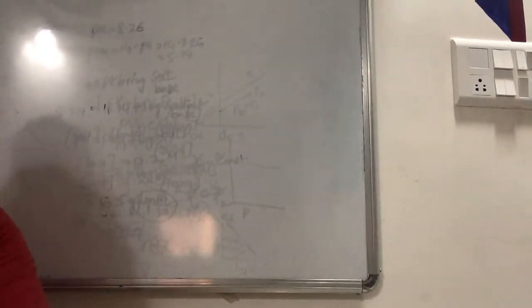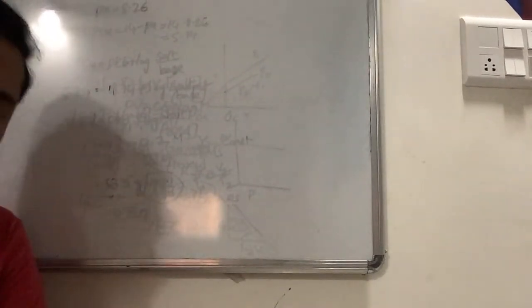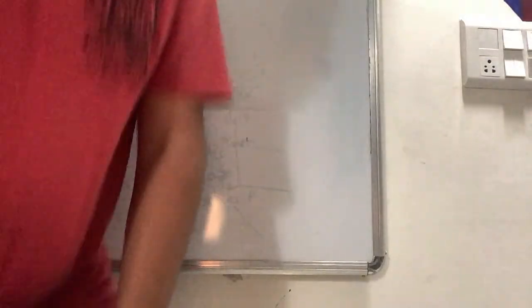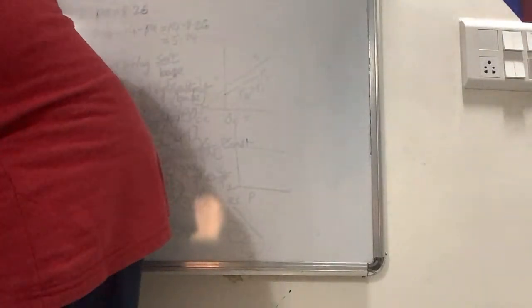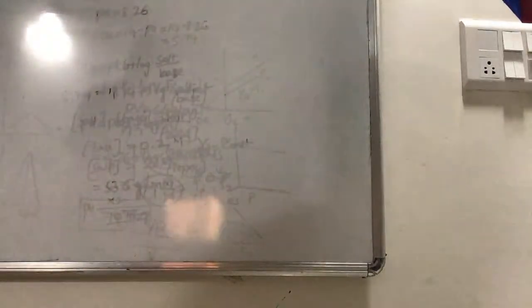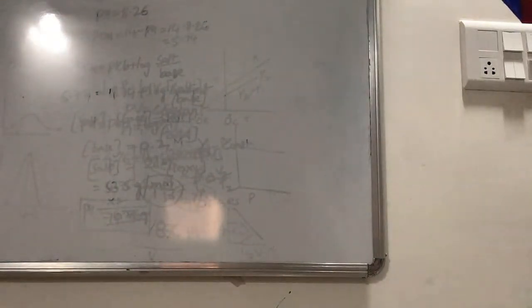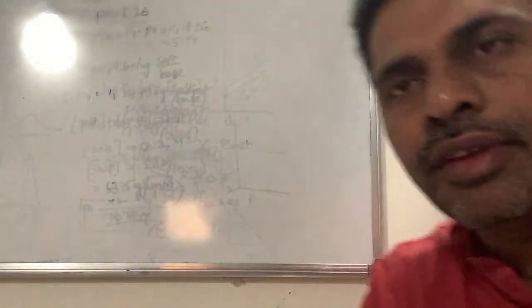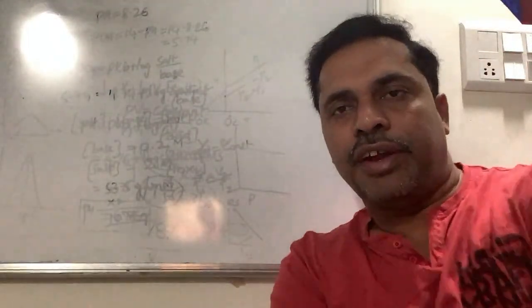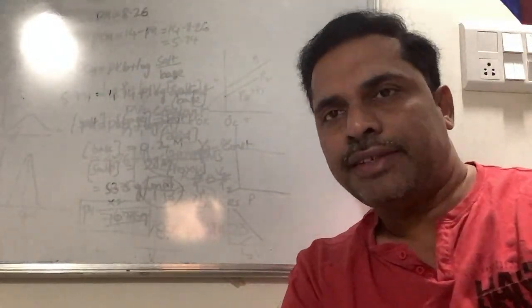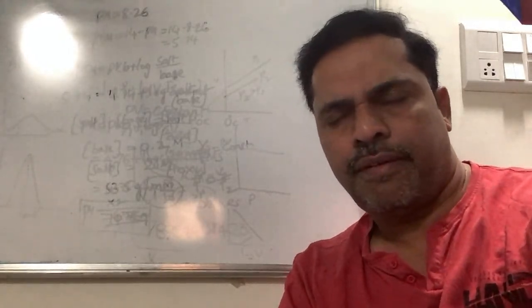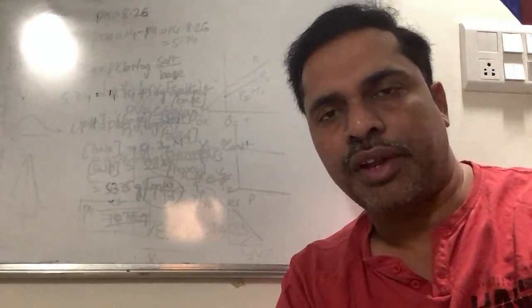Sir, once can you explain leveling effect of water? Right, beta, sure. Leveling effect means whatever the acid you are taking, it may be a weak acid or a strong acid, all the acid strength will be equal to H3O+ ions of water.